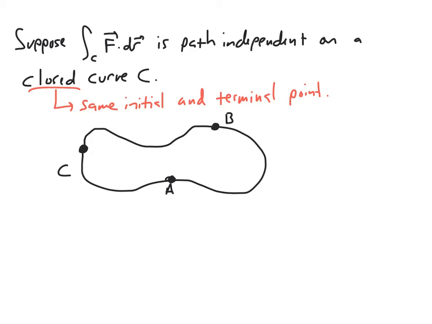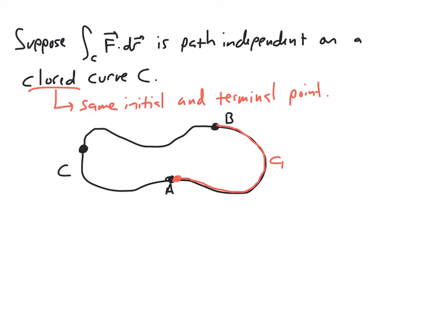And by doing that, I can actually break up curve C into 2 different curves. I can define a path C1 from A to B, so I'm going to do that one in red. So C1 is going to start at point A, follow curve C around to point B. So that'll be curve 1.